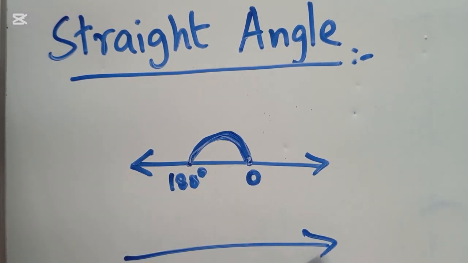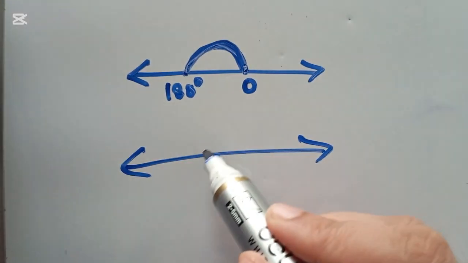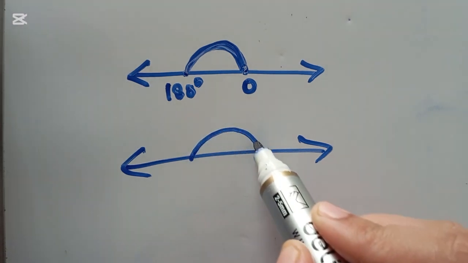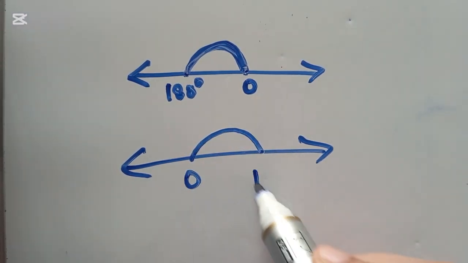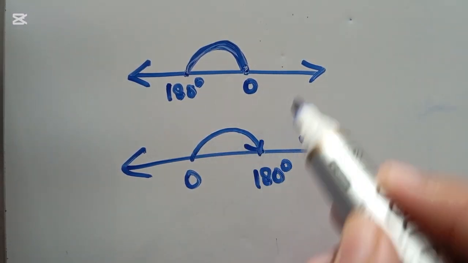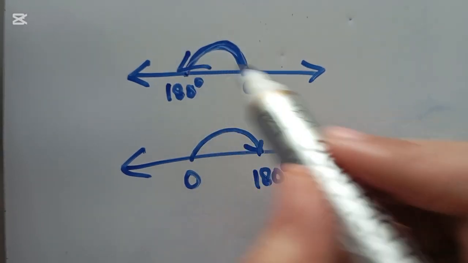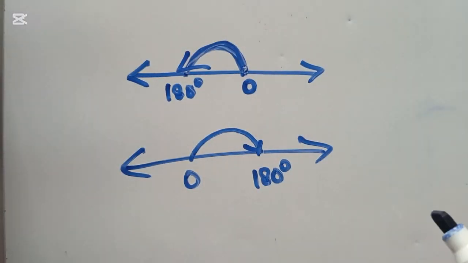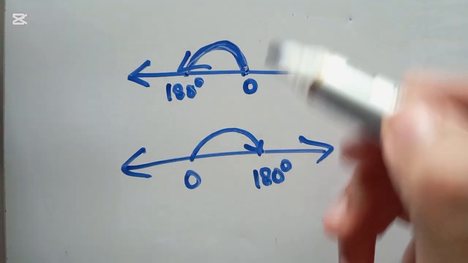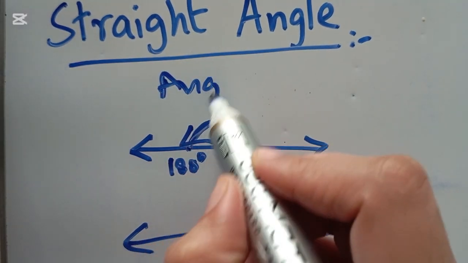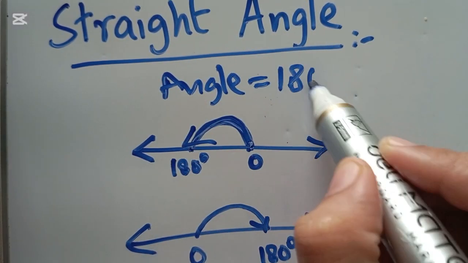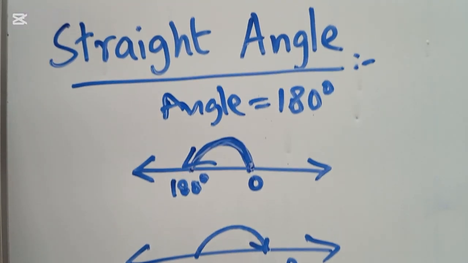Like if I draw another line and it starts from 0 from here, and again it goes up to 180 degrees, either from the left side or from the right side. In both sides it will be 180 degrees. So any angle which is equal to 180 degrees is called a straight angle.